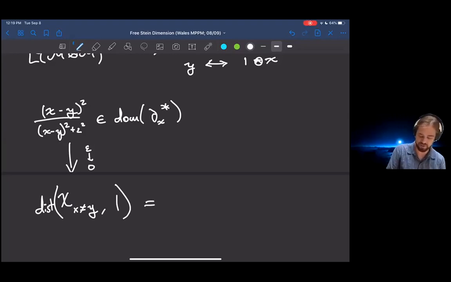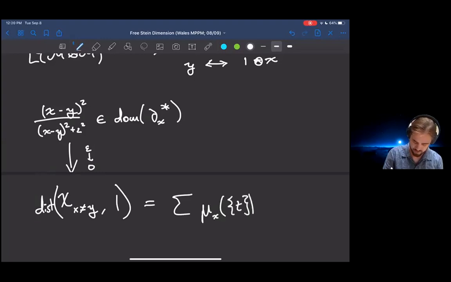And so what you're really computing at the end is the square of all the atoms. And so just by being smart and writing down something that happens to be one of these free Stein kernels, you can explicitly find the distance and compute the Stein information, the Stein dimension and the Stein irregularity.